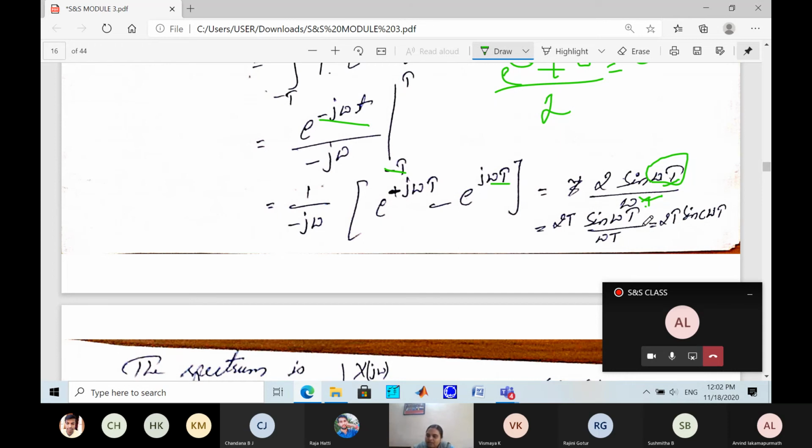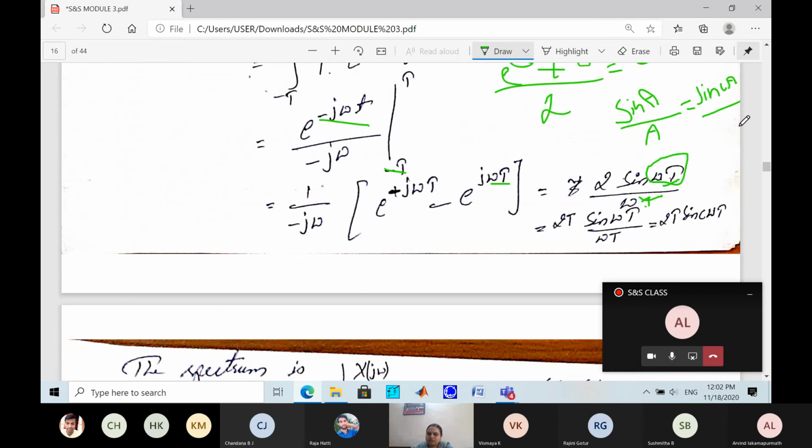Then from this we are getting one new function that is called sinc, S-I-N-C. When you write this sinc function, it is sine A divided by A, that is sinc of A. This is one new function that we are going to use in our signals.